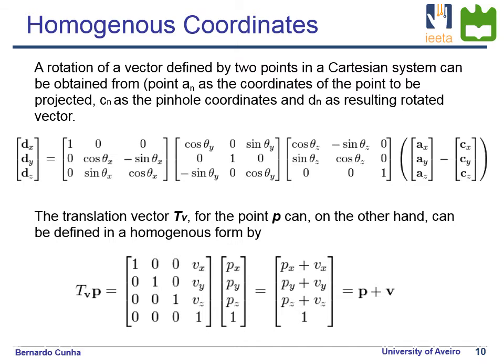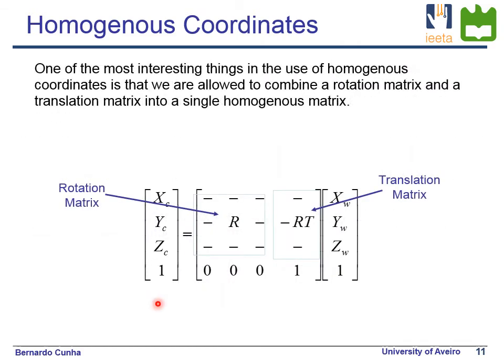So as a result, we can in fact do something which is interesting, which is that you can combine the rotation matrix that you have seen in the previous slide with the translation matrix and apply a simultaneous rotation and translation geometrical operation upon any point in space, where these are the coordinates of the original point in space, and these are the coordinates of the resultant transformation in space.